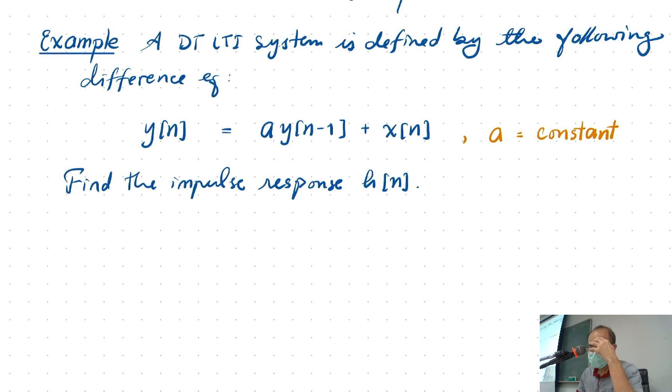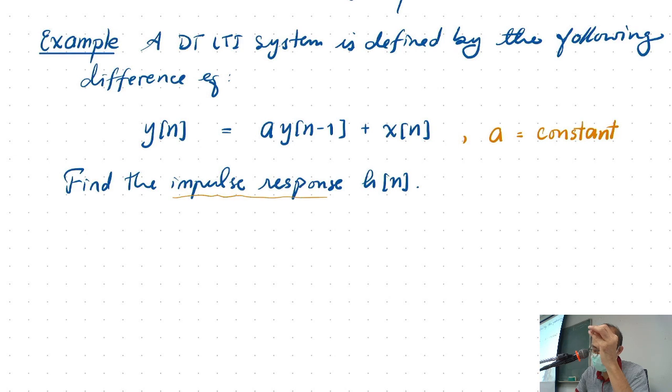Since the difference equation here is not so complex, we're going to go ahead and find the impulse response in a very straightforward manner. Now, before we find the impulse response, we have to ask ourselves what really is an impulse response.